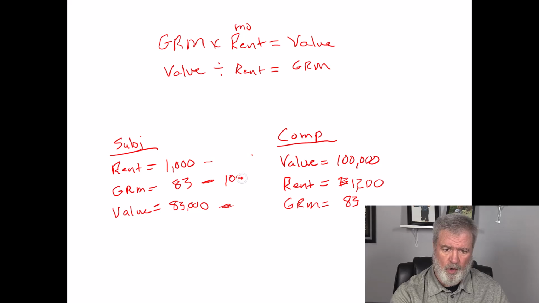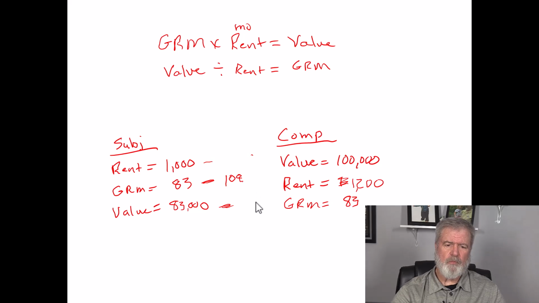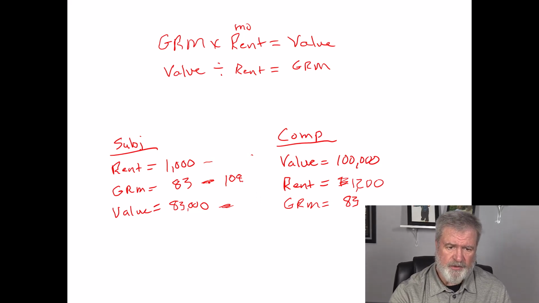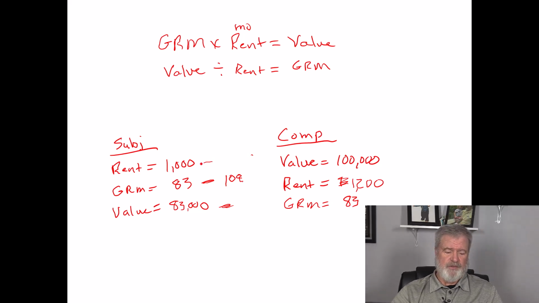So if I come in here and plug in my gross rent multiplier of 108, and the rent is $1,000 a month in this example, then what would the value be for me? Well, if I take the 108 times the $1,000, then that would be $108,000.